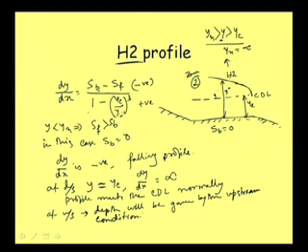And now here we are yet to discuss another point that we will be discussing just after completion of this part, that is, this H2 profile, as it is greater than critical depth, is subcritical flow.